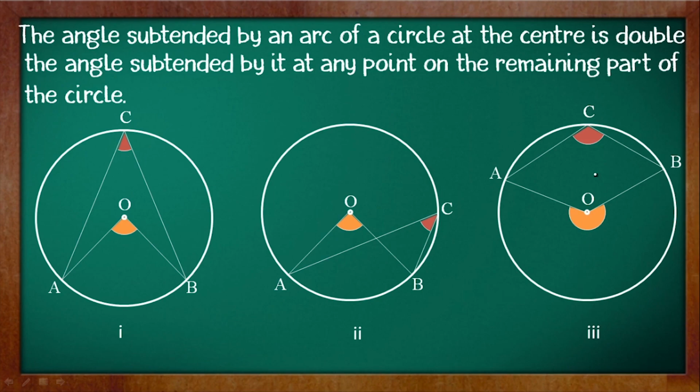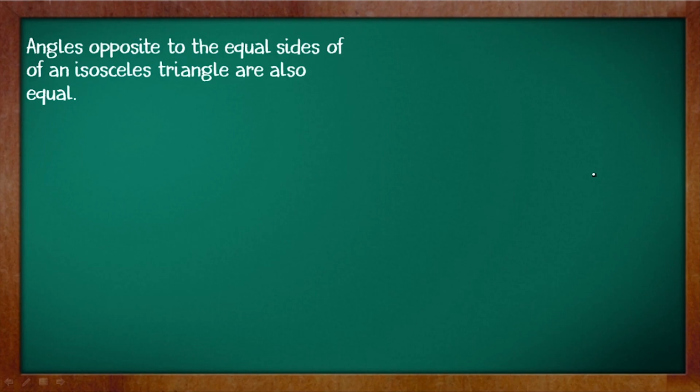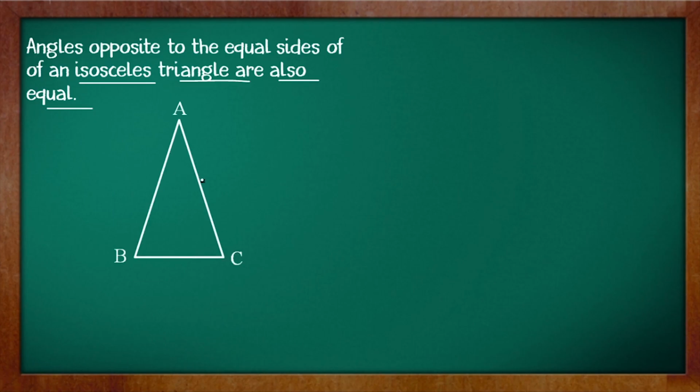So to prove this theorem, we must know two very important results. The first result says that the angles opposite to the equal sides of an isosceles triangle are also equal. Suppose there's an isosceles triangle where AB is equal to AC.